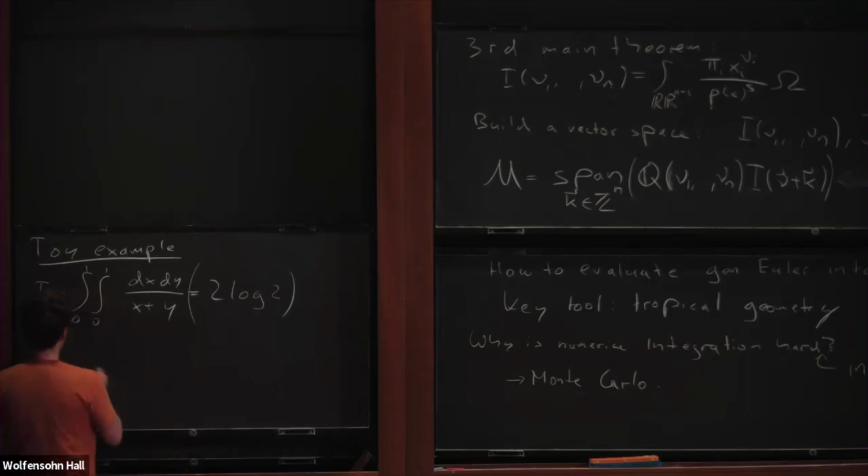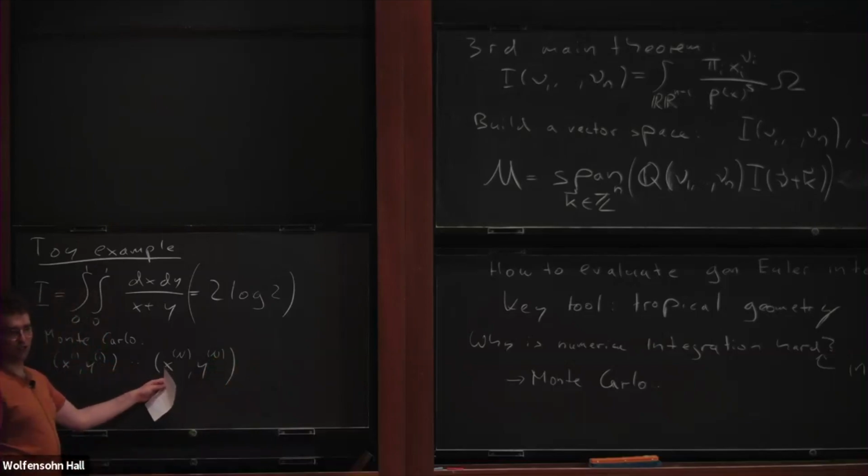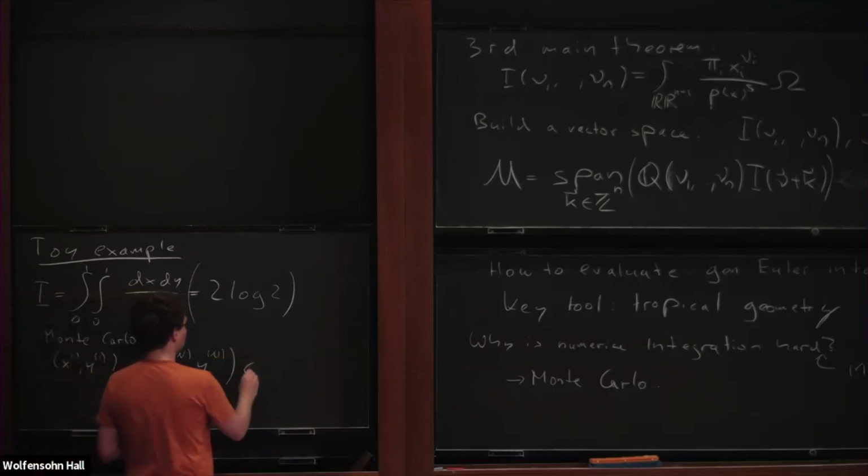So what we do by Monte Carlo, we go to our computer, we don't do it by ourselves, and ask for millions of pairs x and y that are distributed uniformly on this unit square.